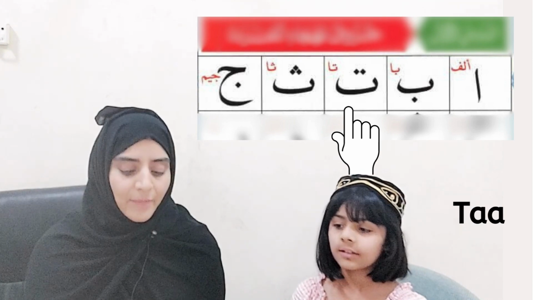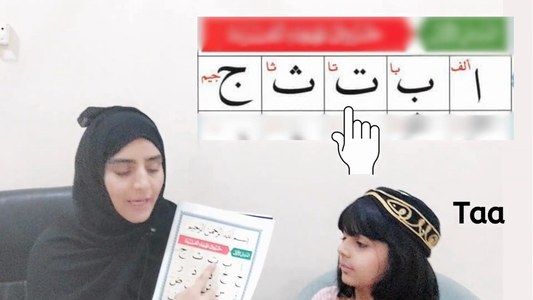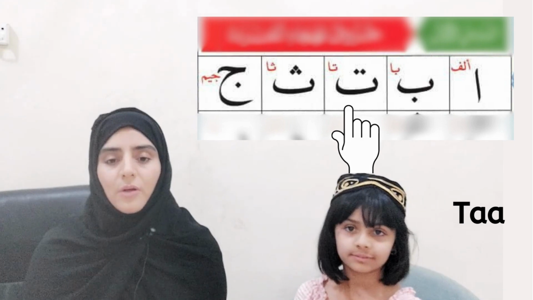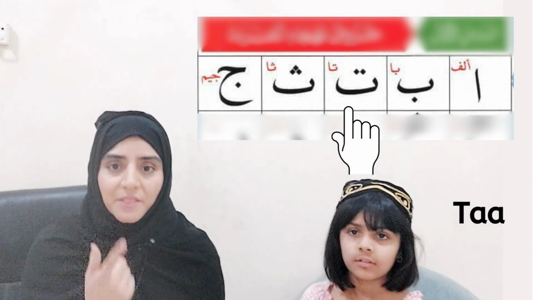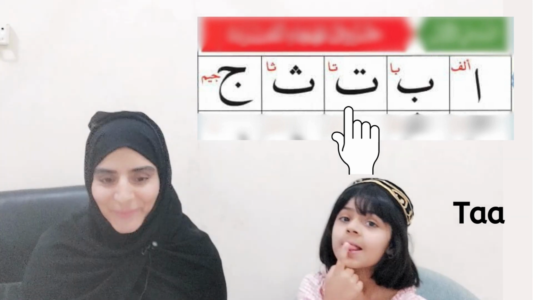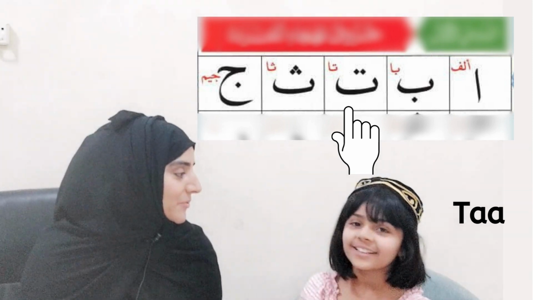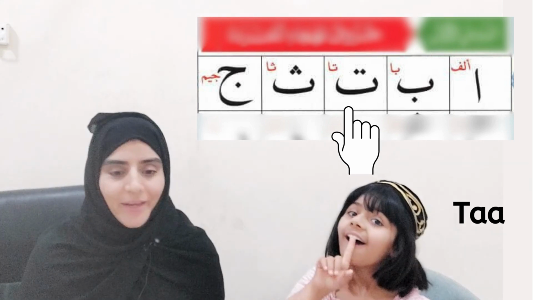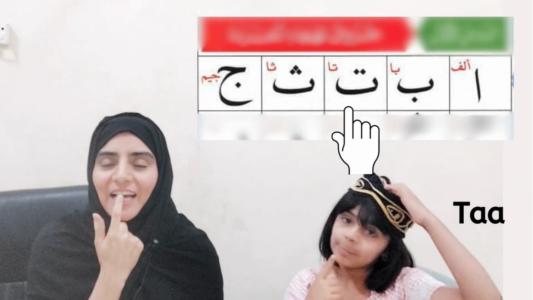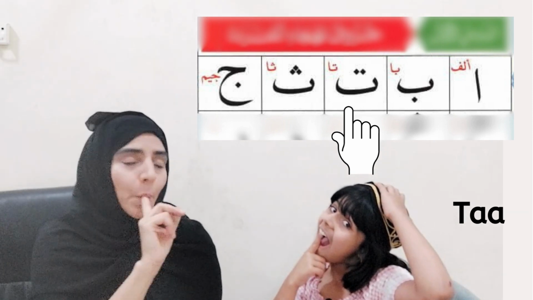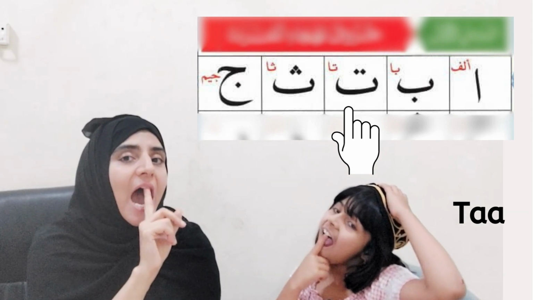Our third letter is ta. Ta looks just like a ba, but it has 2 dots on the top. The ta sound comes when the tip of the tongue, Alma, where is the tip of the tongue, touches the roots of the upper 2 front teeth. It's behind here.